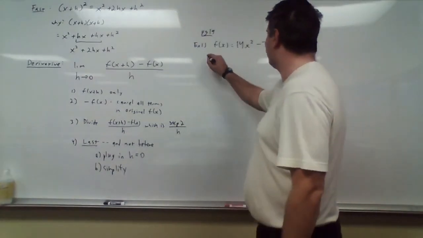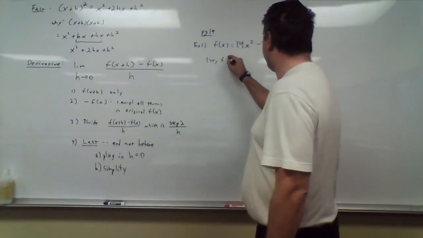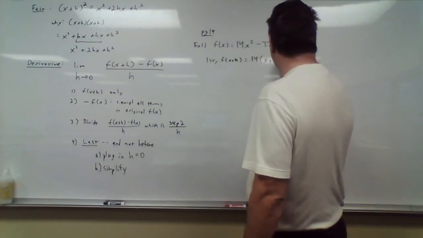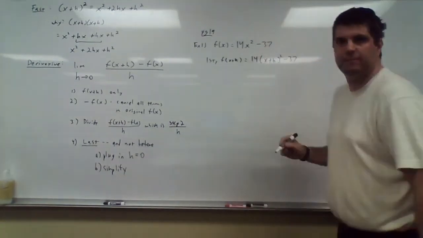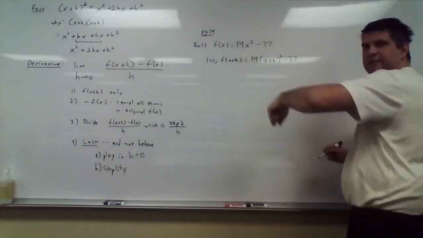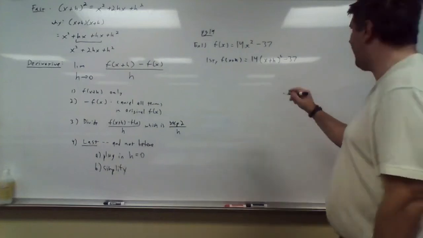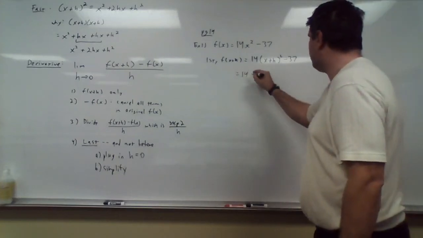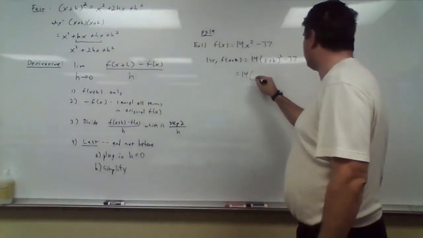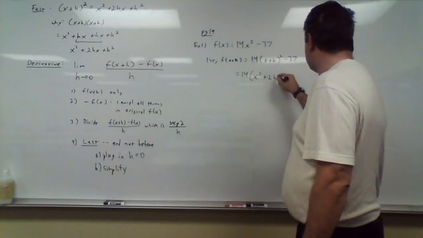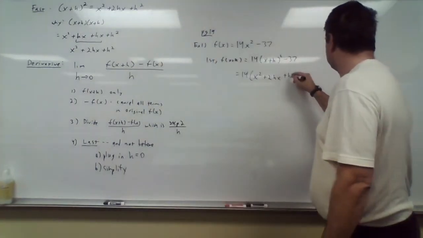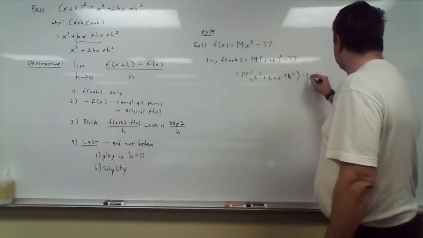Okay, so here goes. First, f of x plus h equals 14 times x plus h squared minus 37. Okay? I just plugged x plus h in for x. All right. So that's going to be 14 times x plus h squared, which is x squared plus 2hx plus h squared, and then minus 37.